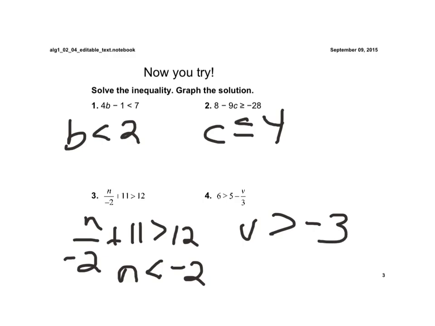Again, the graph for that one should be open circle at negative 3 and shaded to the right. It doesn't look like this switched, but notice how the variable was on the right side, now it's on the left side. So we end up having to do a couple of times moving that inequality around.